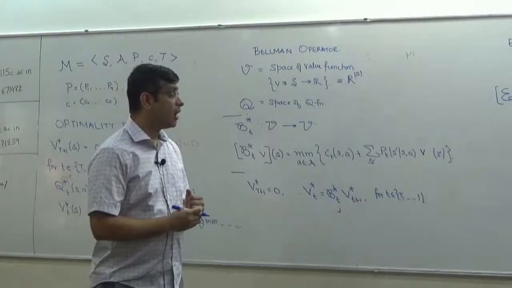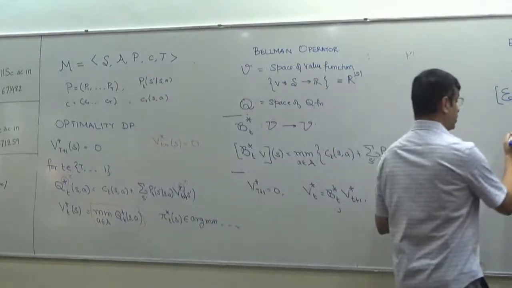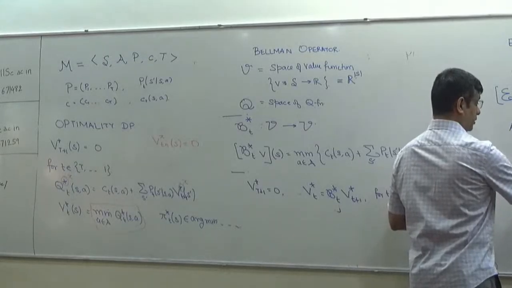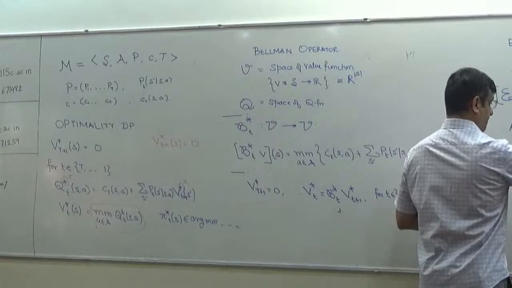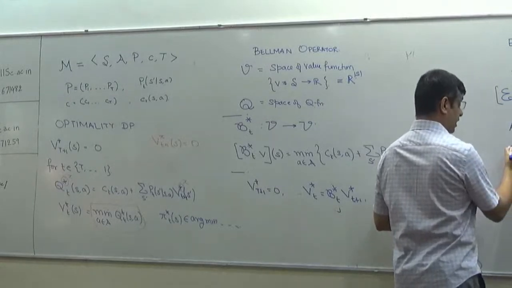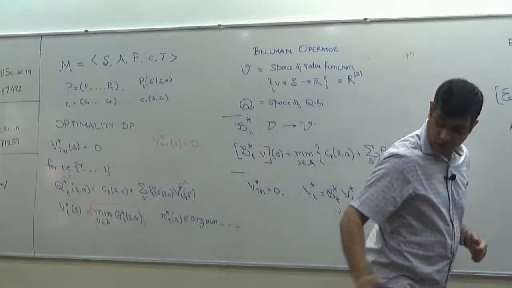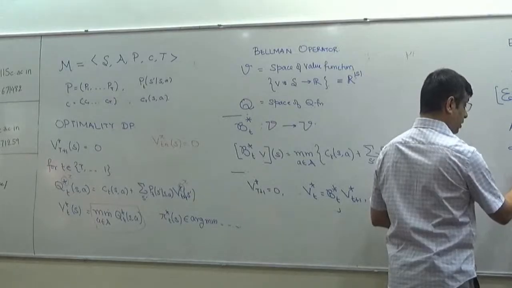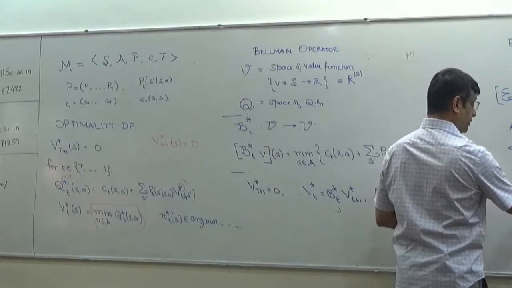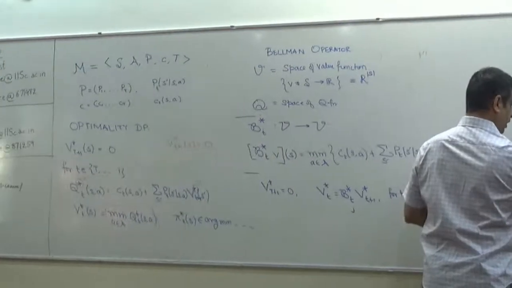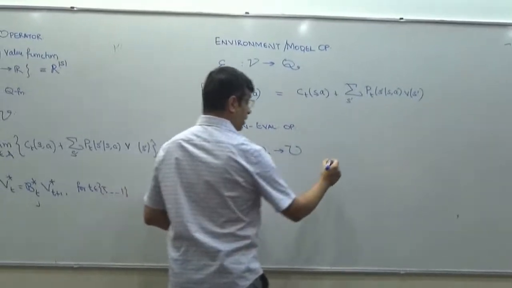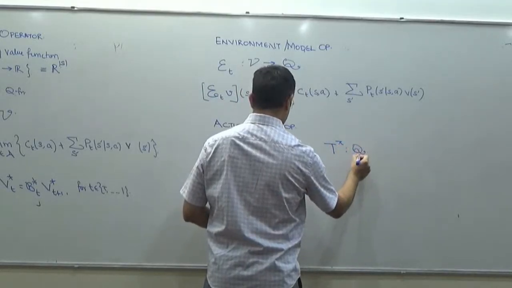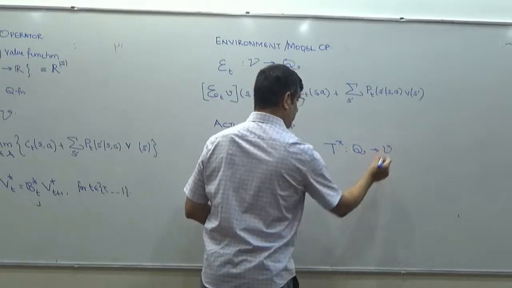And now I am going to define 2 other operators which I am going to call action evaluation operators. I am going to use script T star, which is an operator which takes a Q function and gives me a value function, and an operator T pi which takes a Q function and gives me a value function.